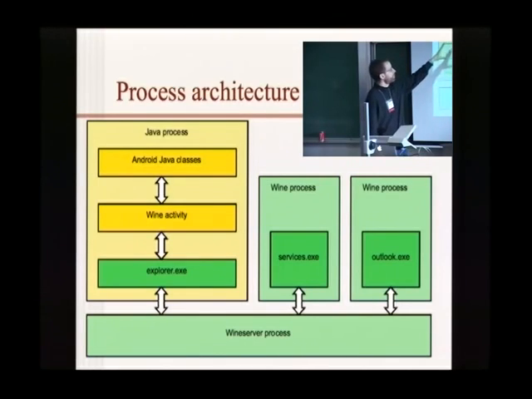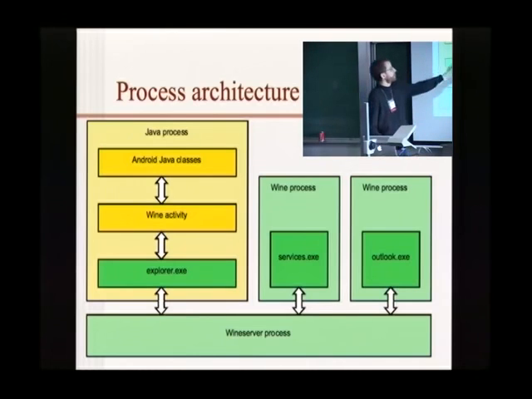The wine activity would load the Windows wine libraries inside the Java process. So in this case, it would be explorer.exe because that's the desktop process. It's the one that's doing all the desktop. Of course, I'm showing Explorer here, but it also loads NTDLL, kernel, user32, everything.